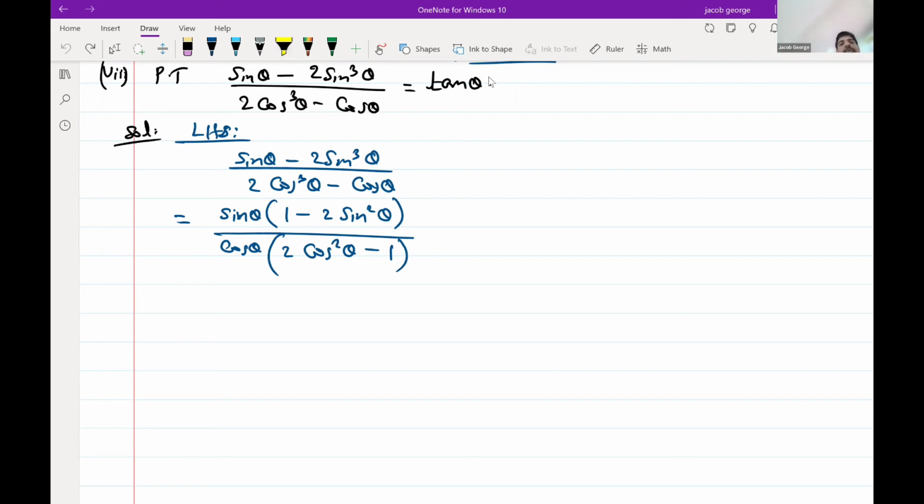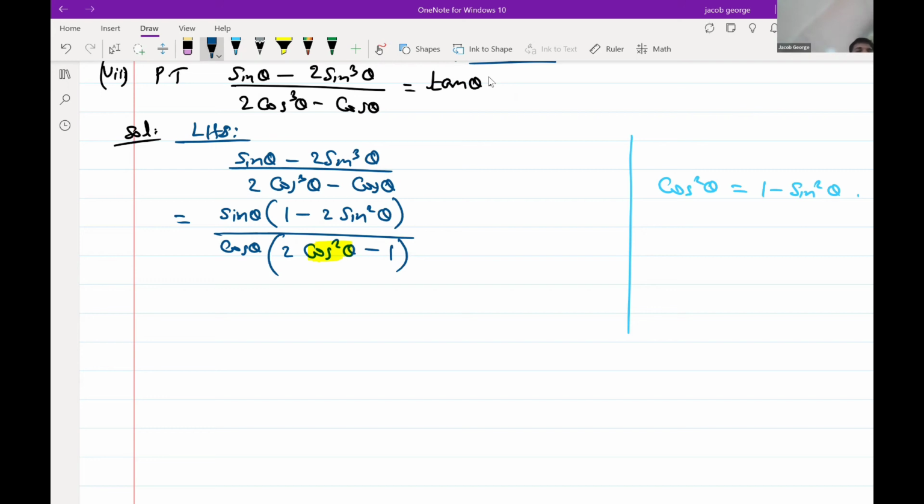Now, instead of cos square theta or sin square theta, one of them we have to replace using the first identity. So I'm going to replace cos square theta in the denominator. What is cos square theta using the first identity? 1 minus sin square theta. Instead of this cos square theta, we write 1 minus sin square theta.